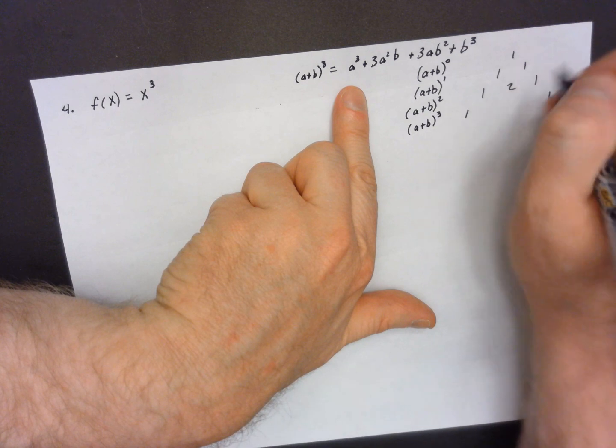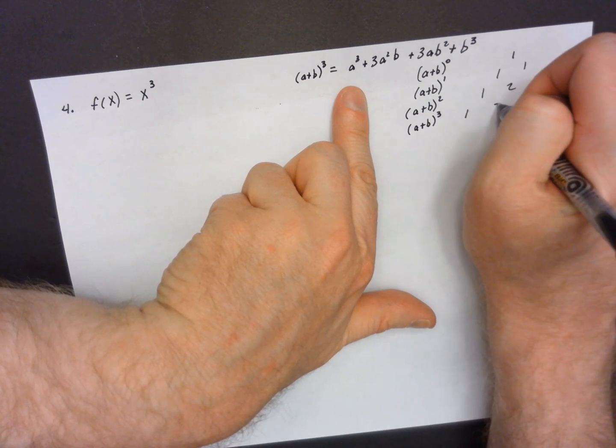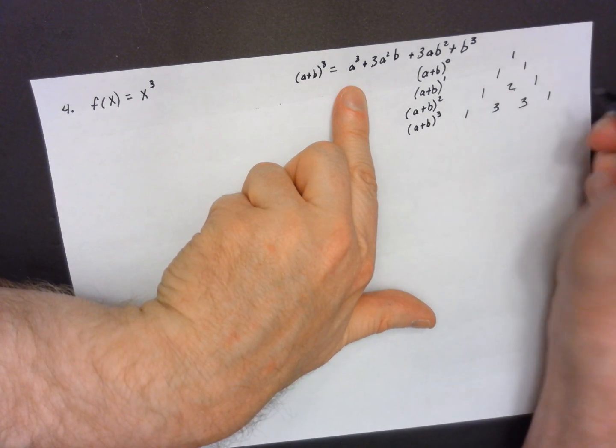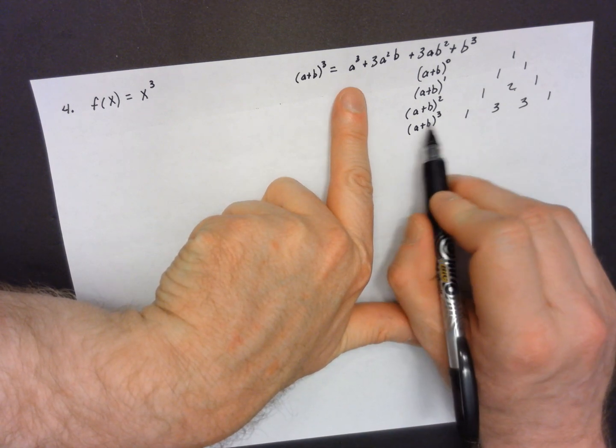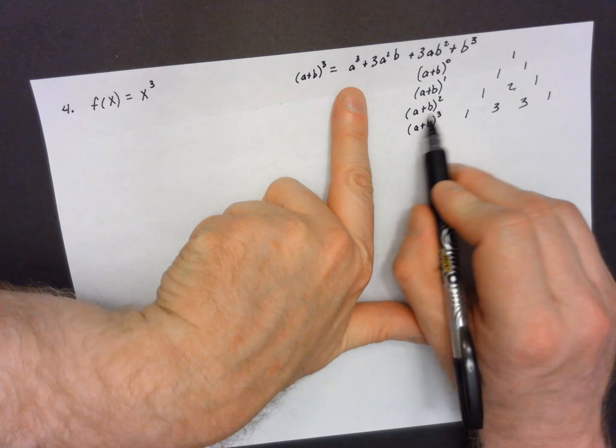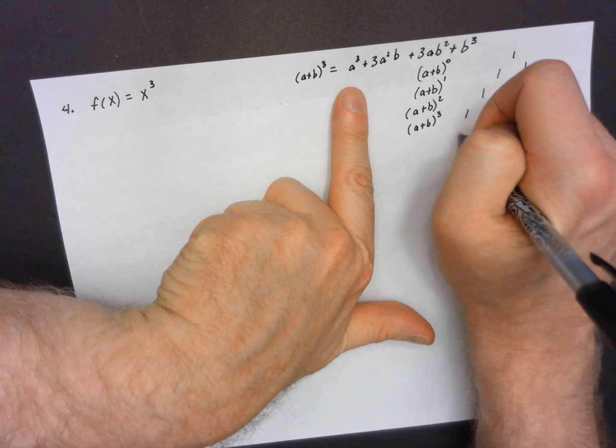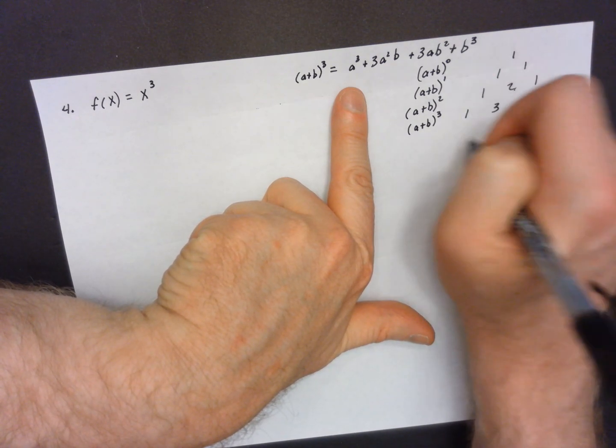Now, the way you always read each of these levels is the first term is the coefficient of the full power of the first term. So I'll say the coefficient 1 goes in front of the full power on a. If you had to put a b there, it would be b to the 0.